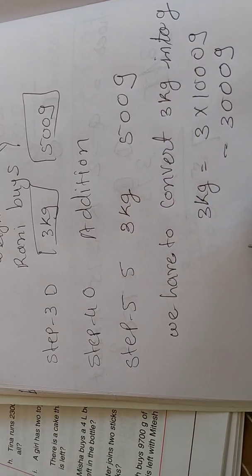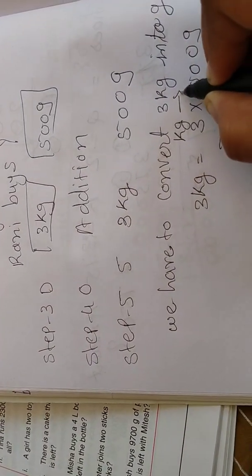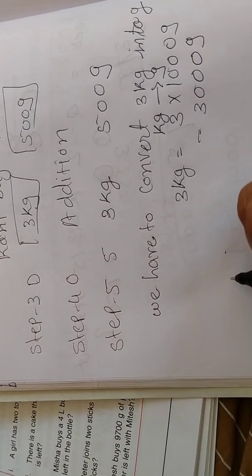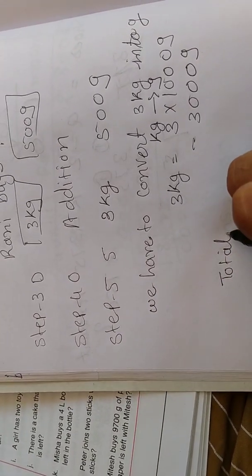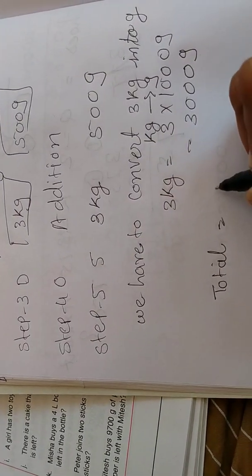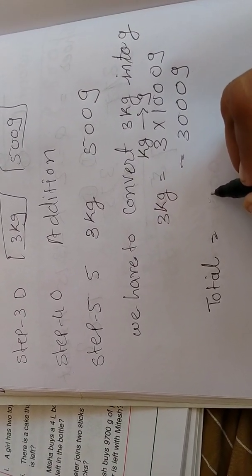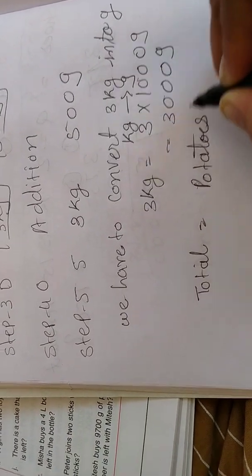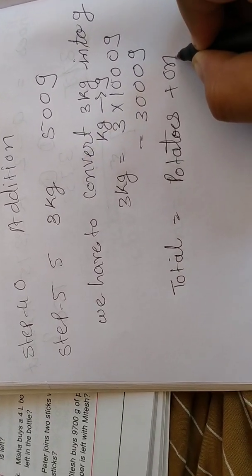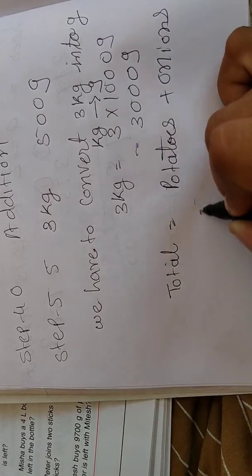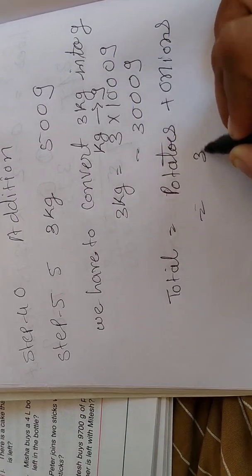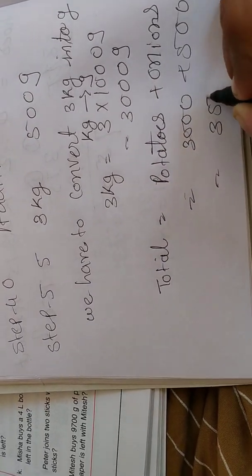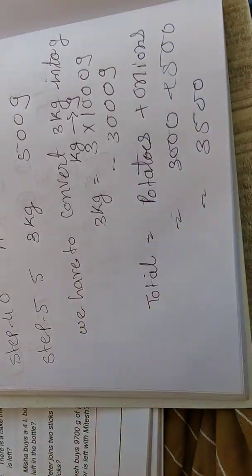Okay, then total is equal to potatoes plus onions, which is 3000 plus 500 is equal to 3500.